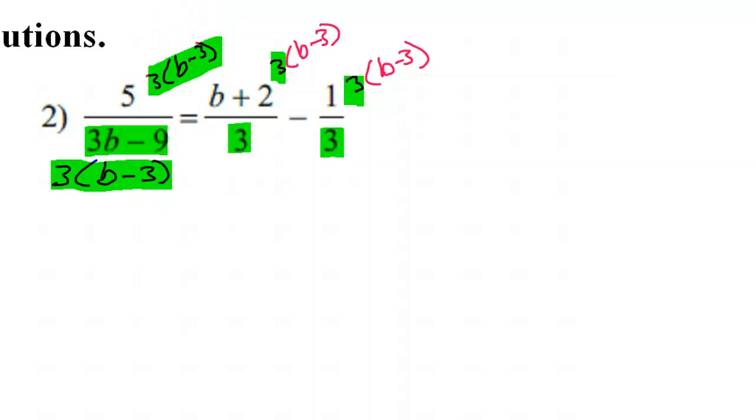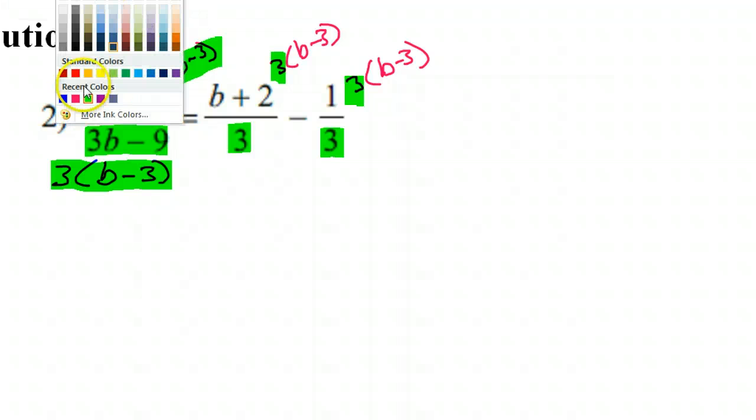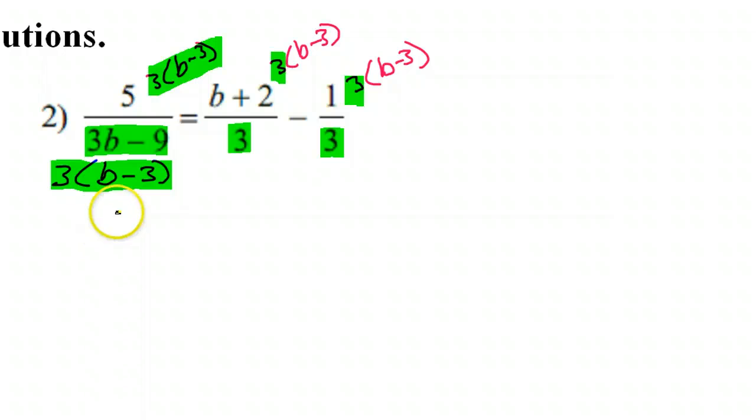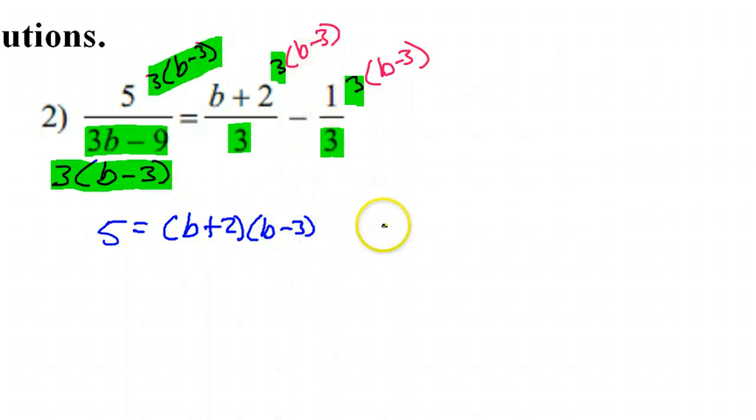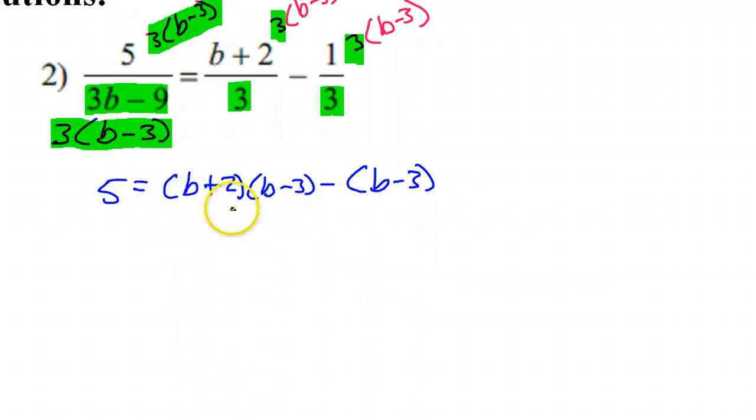So what I'm going to have is, on the left side of the equation, 5 equals, now these 3's cancel out, but I still have b plus 2 and b minus 3, and then minus b minus 3. So I'm going to need to FOIL this and distribute that.